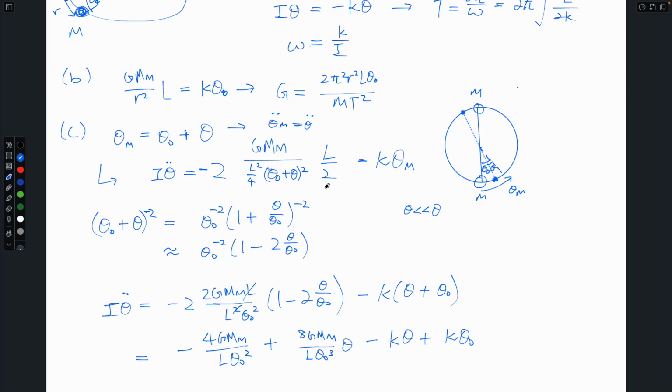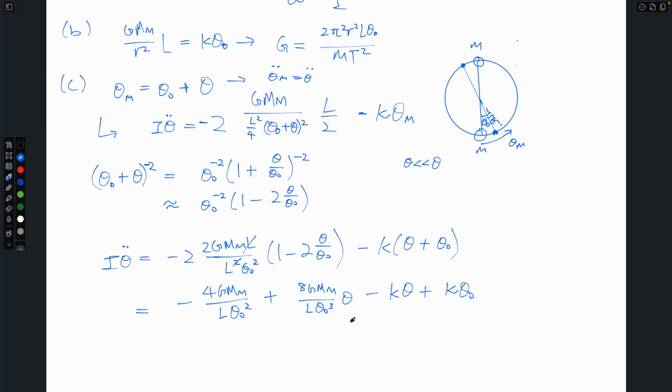But remember our equilibrium condition is GMm over r squared, where it's basically just L over 2 times theta naught squared is equal to k theta naught.